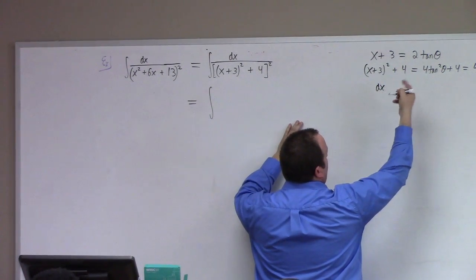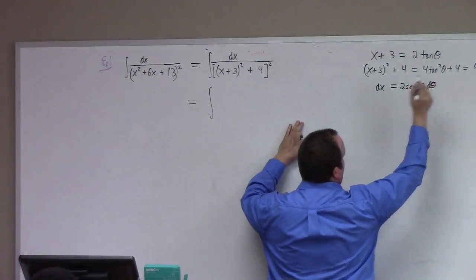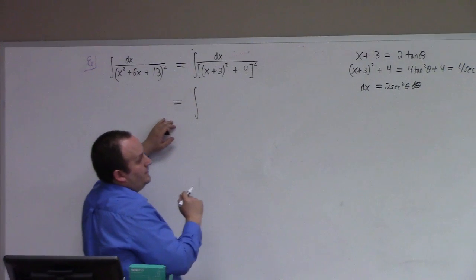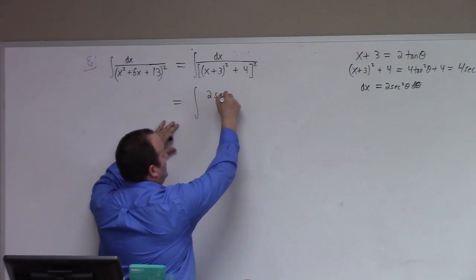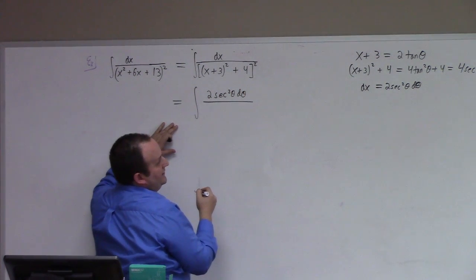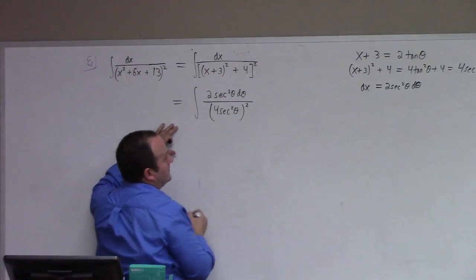Well, derivative of 3 is 0, right? So dx is just equal to 2 secant squared theta d theta. And what we got is 2 secant squared theta d theta. And let's see, the thing that's squared downstairs becomes 4 secant squared theta squared.